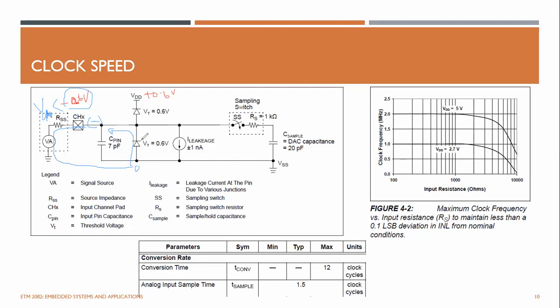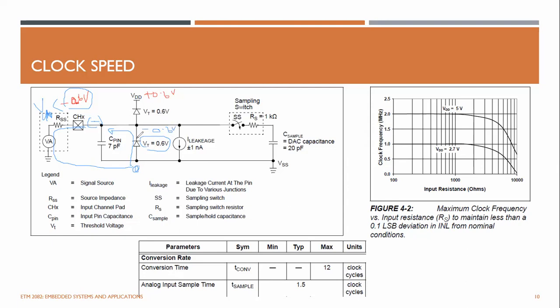A voltage drop across a typical silicon diode, any generic diode, is between 0.3 and 0.7. They show it as around 0.6, so this point will be minus 0.6 volt.